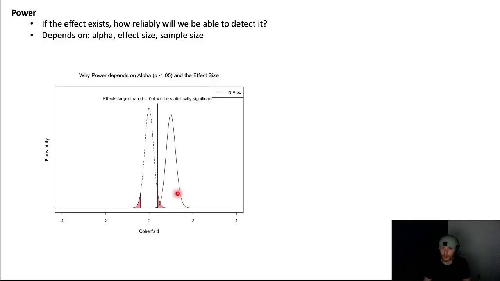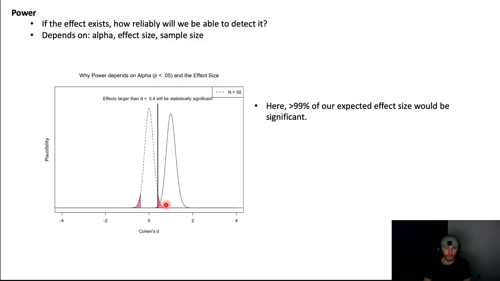So it's a constant battle between trying to make decisions between rejecting the null when it's false and not rejecting the null when it's true. Okay, so in this example, more than 99% of the possible outcomes, if our experimental hypothesis is true, lay beyond this threshold.